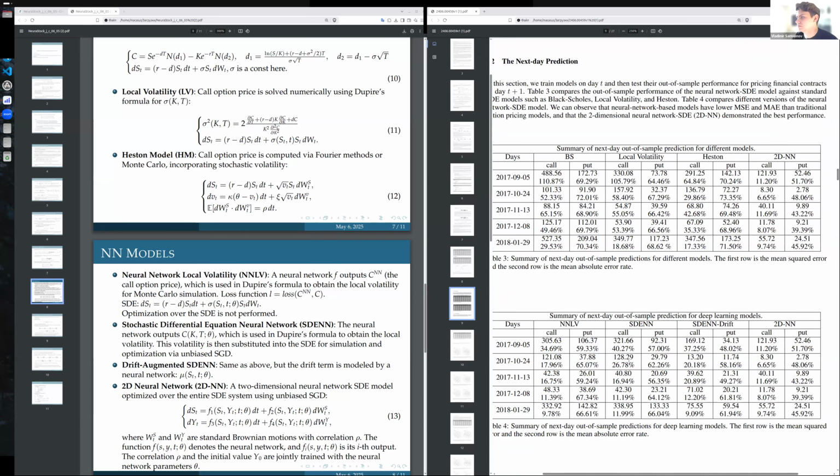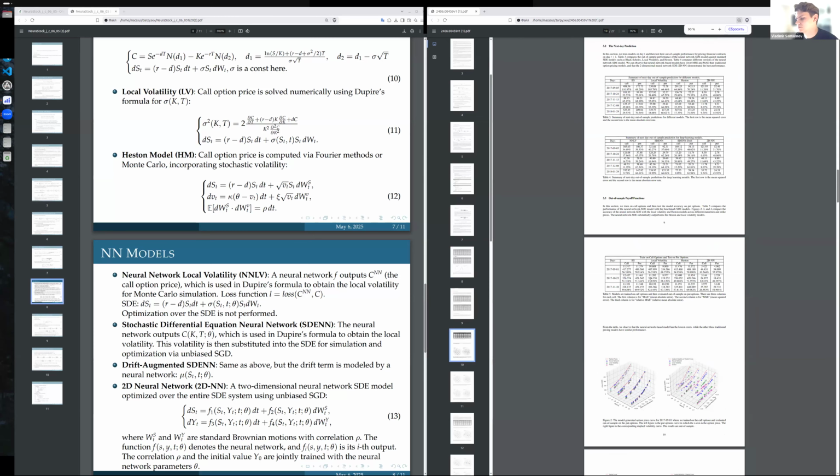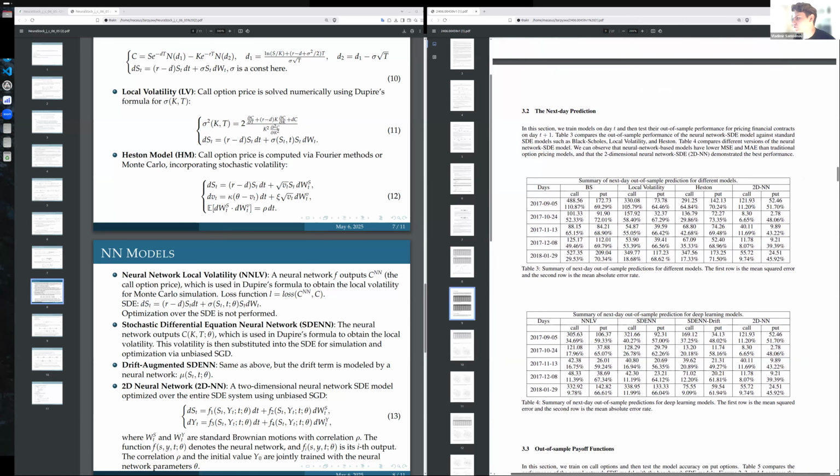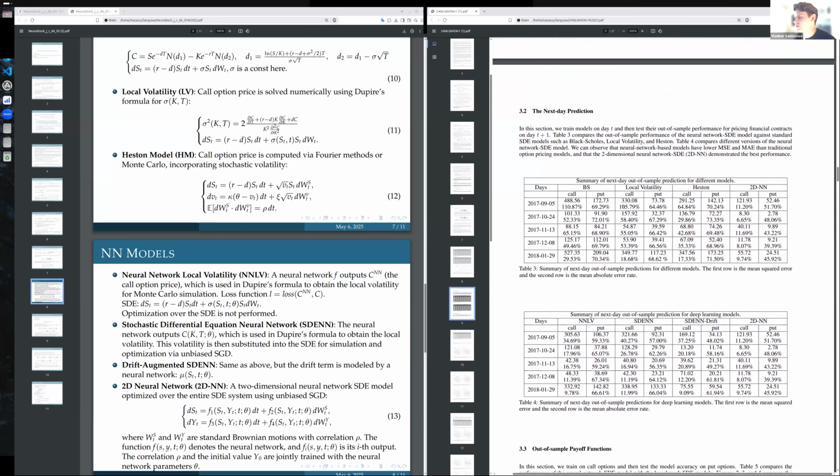Here you can see the next day prediction. So they trained on contracts on day T and tested on day T plus one, like in real trading.